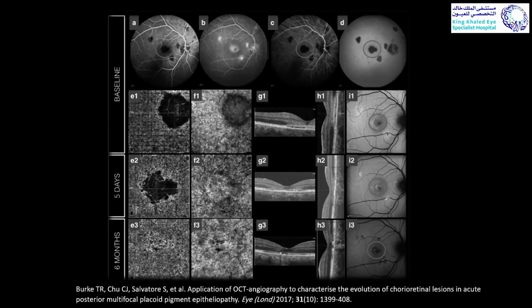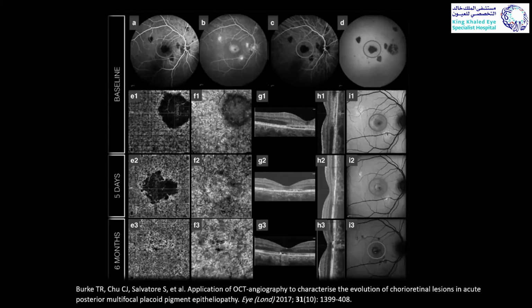What is interesting in this case, if you look at the I1 picture, the one on the right side, the autofluorescence. So this is actually in the hyperacute stage. It initially gives you a hypoautofluorescence, and with time, it gives you a hyperautofluorescence, as you can see below in I2.